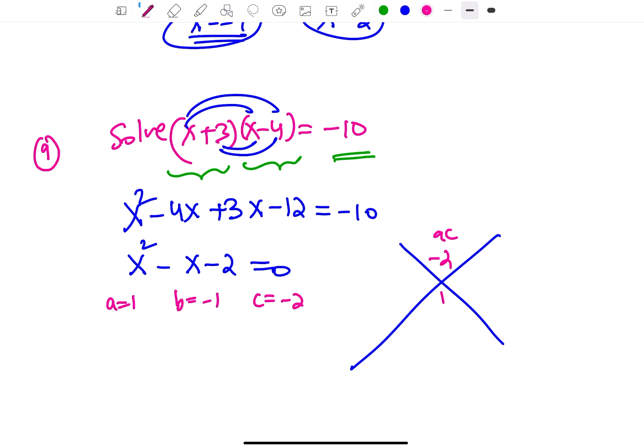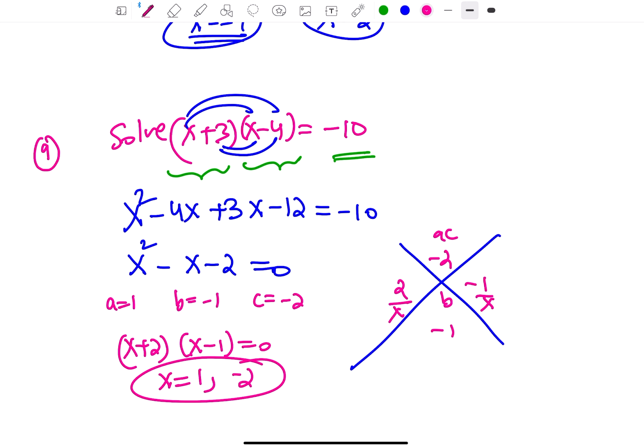A times C goes on the top, B goes on the bottom. Two numbers that multiply to give me negative 2 and add up to give me negative 1 are 2 and negative 1. My first number is just 1, so I'm dividing both of them by x. So my factors are x plus 2, x minus 1 equal to 0. So we get x equals 1 and negative 2. These are the two solutions that make the left and right hand side equal. That was all for solving a quadratic equation by factoring.